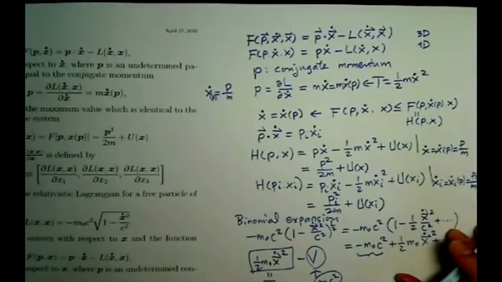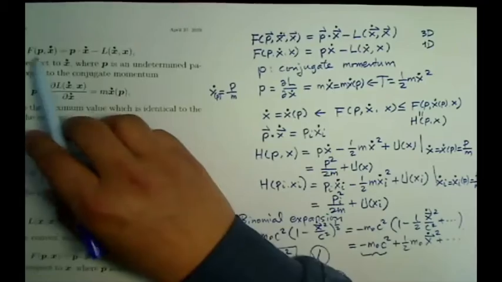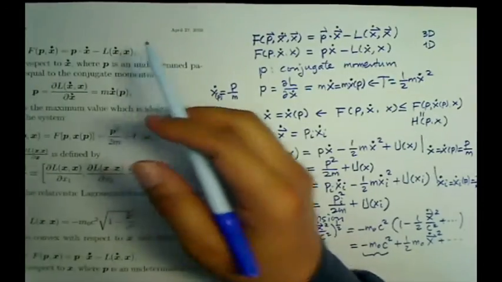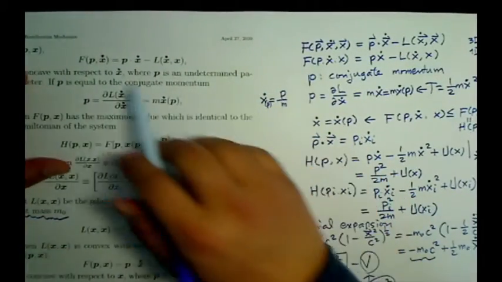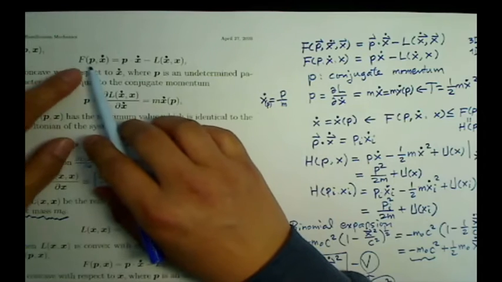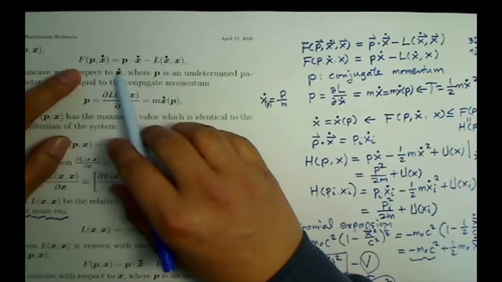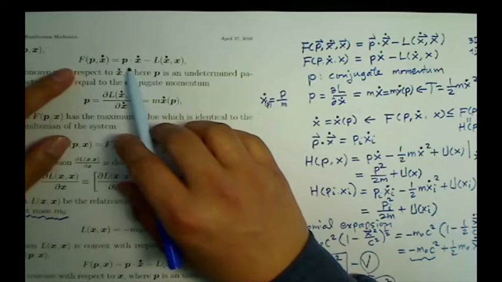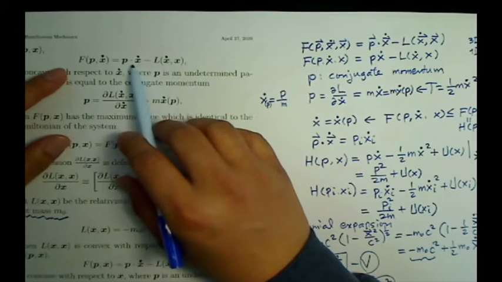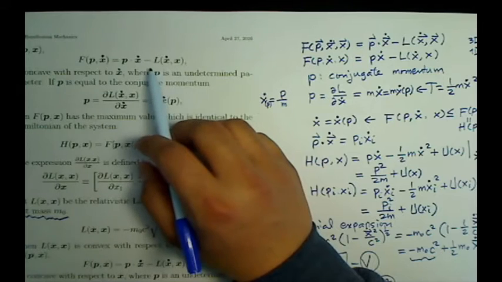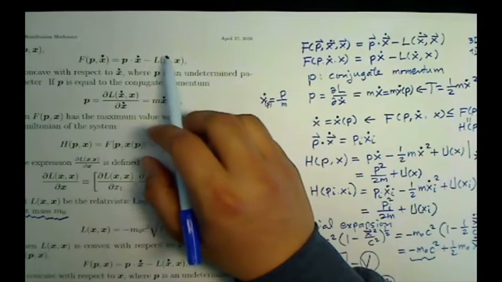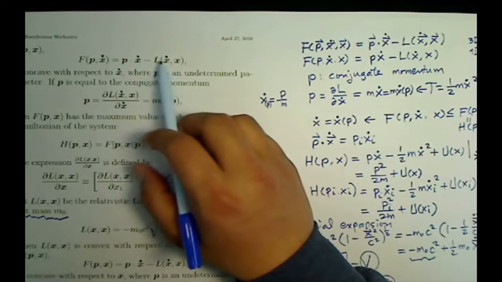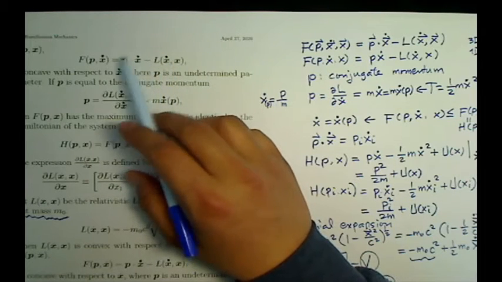So in summary, the Legendre transformation is, first, write down this f function as a sum of p i x i dot subtracted by the Lagrangian, and find the maximum value for this.